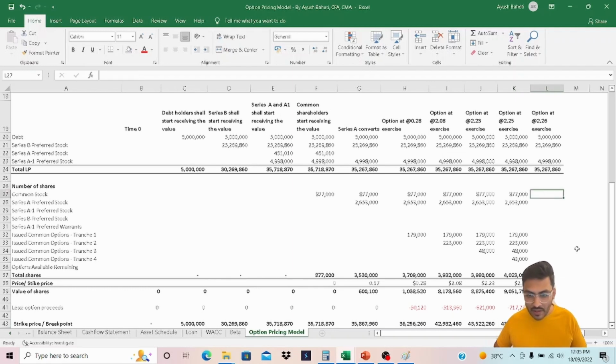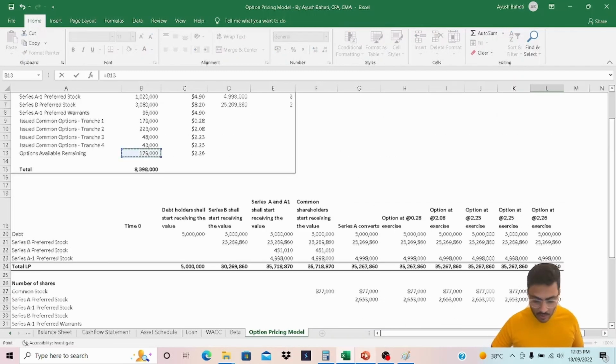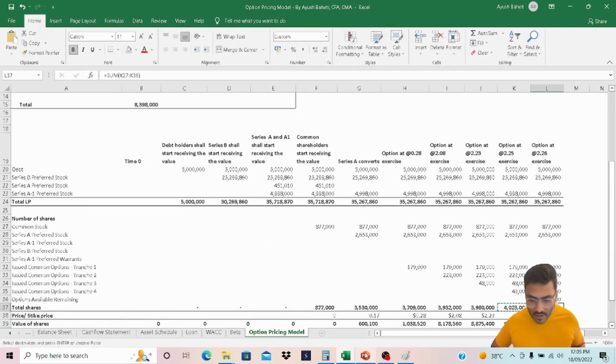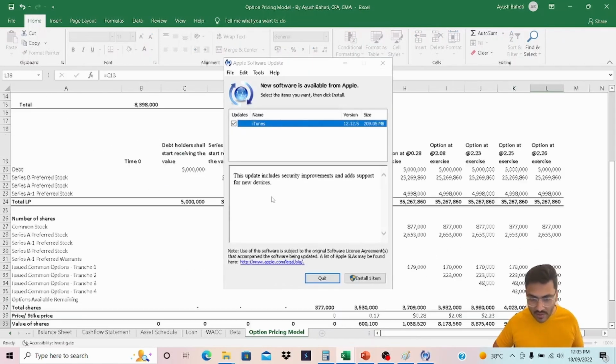And the last is the option pool available. So I think we are familiar with the process now. I will link the last number of shares, and the strike price at this stage is 2.26.